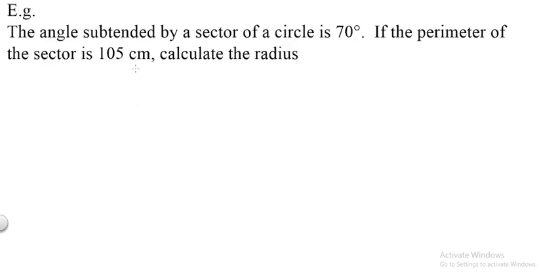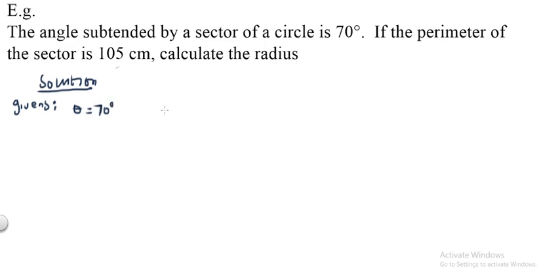For another example, we are told that the angle subtended by a sector of a circle is 70 degrees. If the perimeter of the sector is 105 centimeters, calculate the radius. Let's write the solution. Our givens here are theta is equal to 70 degrees.